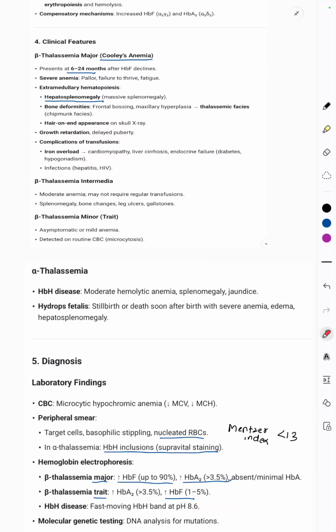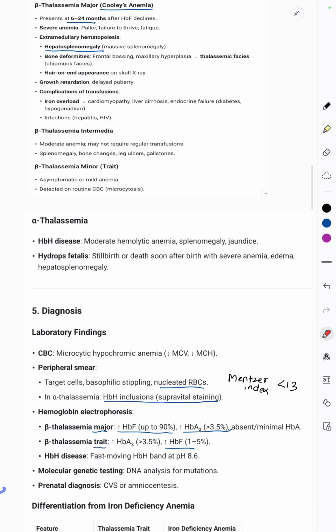Now talking about the clinical features of beta thalassemia major, also called Cooley's anemia. It presents at around 6 to 24 months, because at 6 months the fetal hemoglobin levels start to decline. It presents with severe anemia, pallor, failure to thrive, and fatigue. Extramedullary hematopoiesis leads to hepatosplenomegaly.